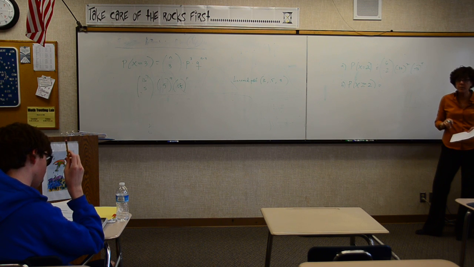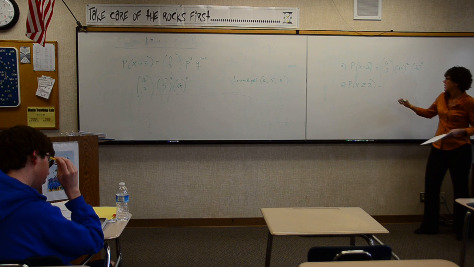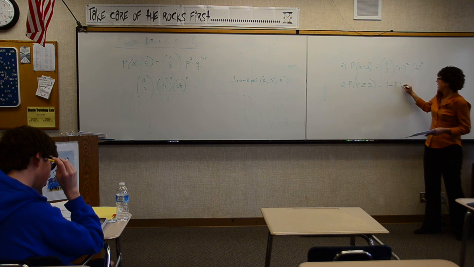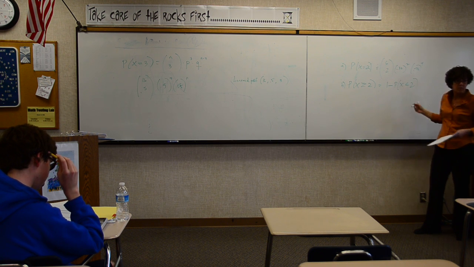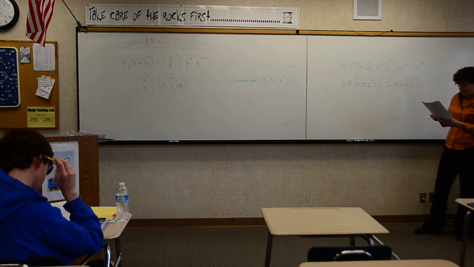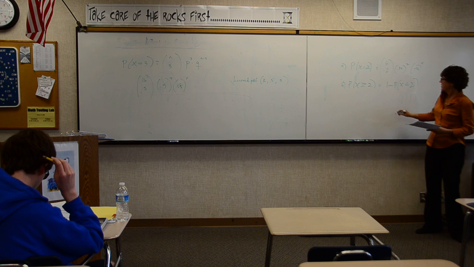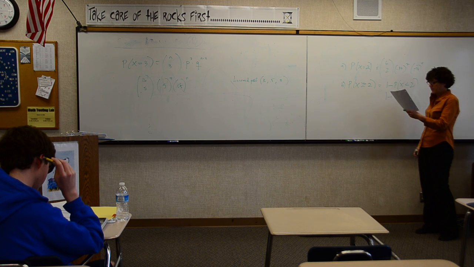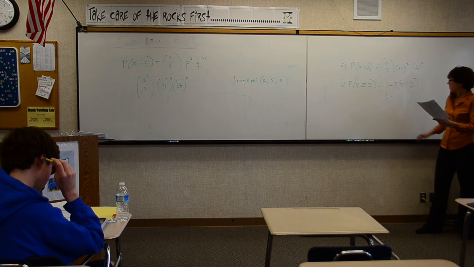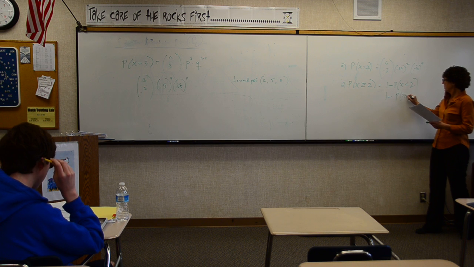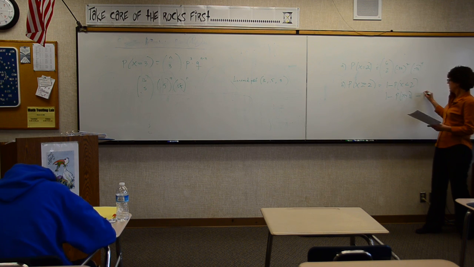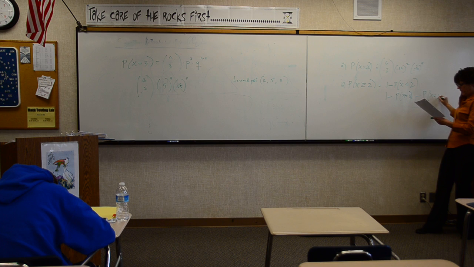Or an easier way would be to do 1 minus the probability that X is less than 2, right? So this is going to be 1 minus the probability that X is 0 minus the probability that X is 1.